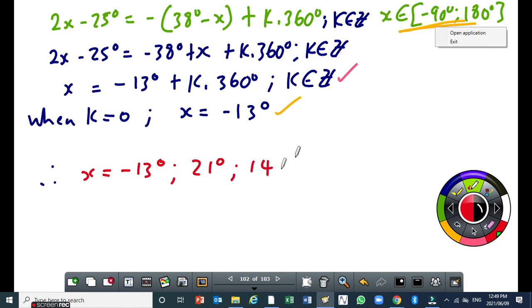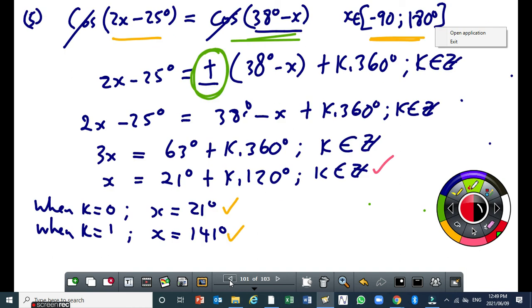Right. These will be my 3 answers for that question. Right. Any question there? If I do the last one for this exercise.